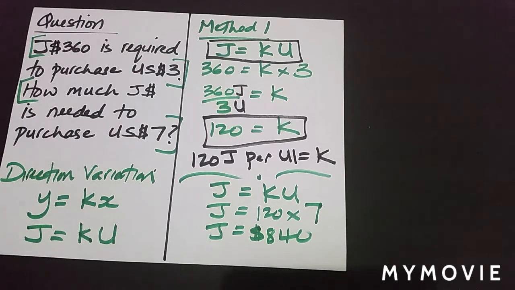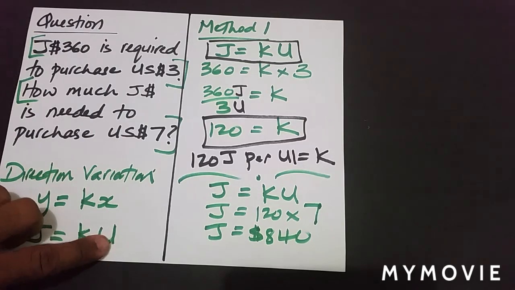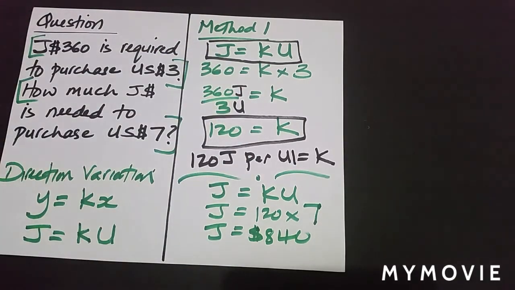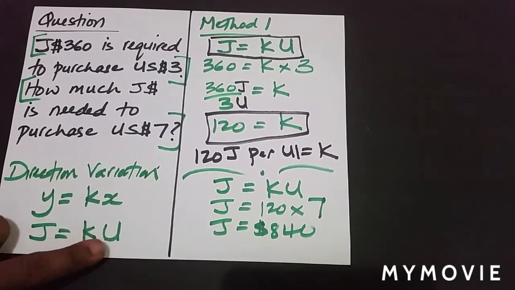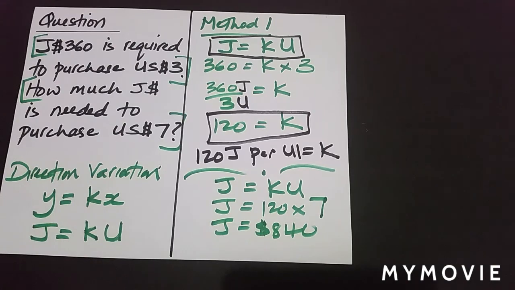So what we're going to be doing now is looking at method 2 shortly, where I'm going to put U here and J here and then show you what that workout looks like and what K means in that particular case. So you really don't have to be fretting yourself about whether you put U here or J here first. You're going to see it works out eventually. Just that K is going to have a different interpretation. So we're going to look at that next.